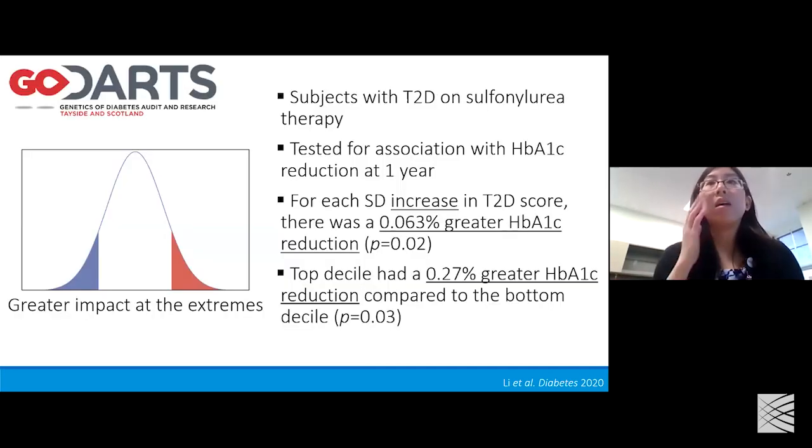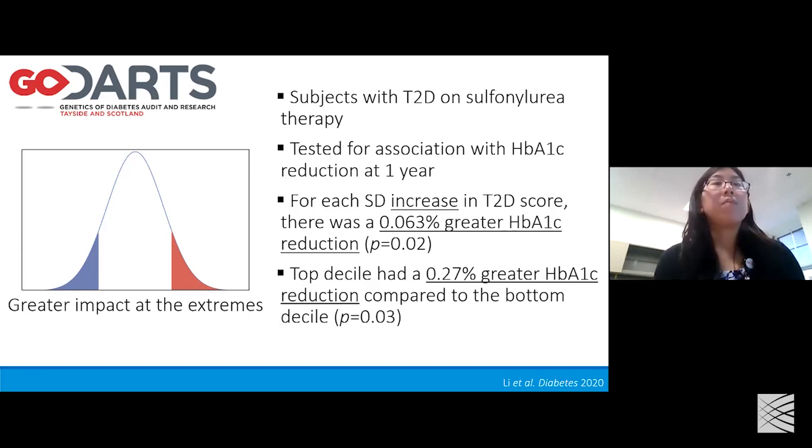We also looked at a longitudinal cohort of individuals with established type 2 diabetes who had received a sulfonylurea. We tested for association with reduction in hemoglobin A1C at 1 year. We confirmed our finding in that for every standard deviation increase in the polygenic score, individuals had a greater A1C reduction.